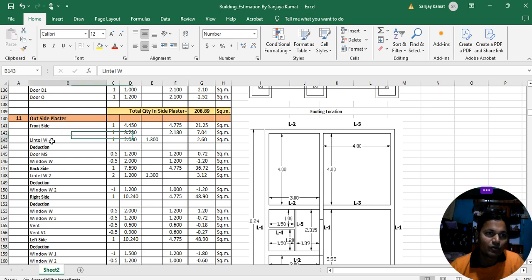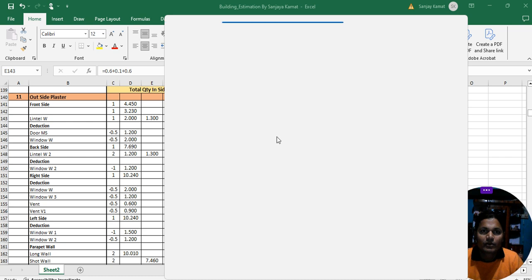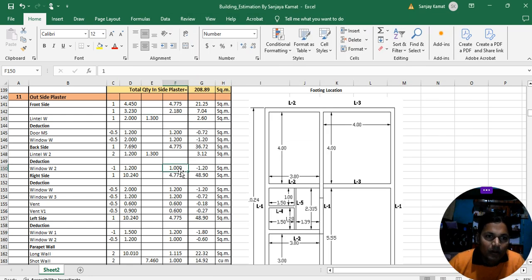Now we will do the calculation for lintel W. For lintel W, we take number 1, length 2 meter, and breadth 1.3 meter, and we multiply these three values. After multiplying, you will get 2.60 square meter.